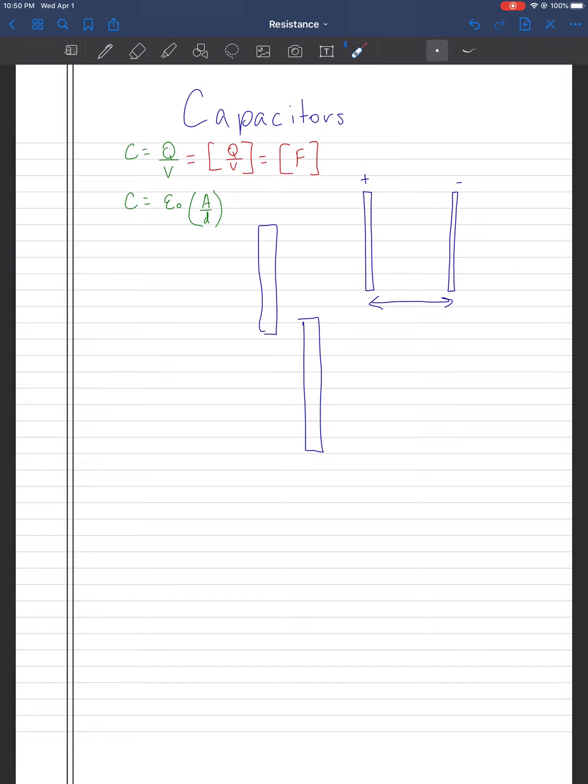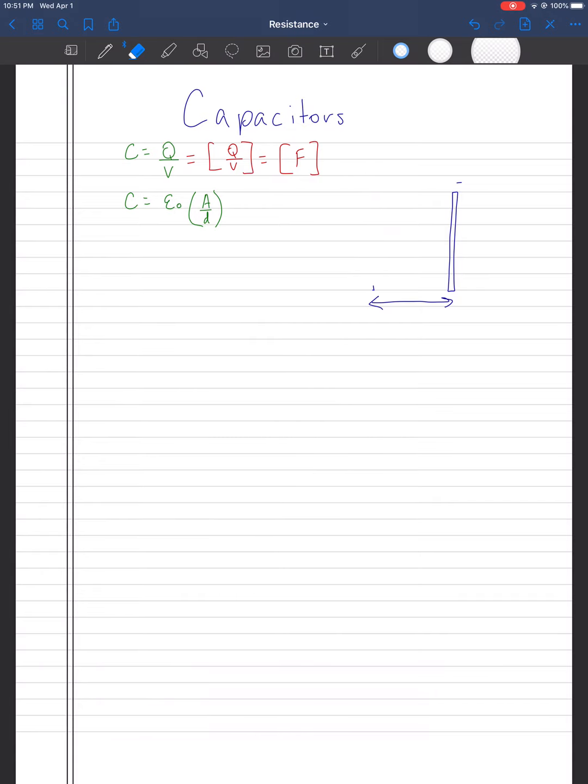Yes, this could be positively charged and negatively charged here, but there's going to be nothing held in between here. Why would there be? So the charge can't be held here. The greater you make this area of overlap, if I bring this whole thing down, we have a greater area of overlap now, and I look at it as more charge can be held between those two plates. That's how I look at it.